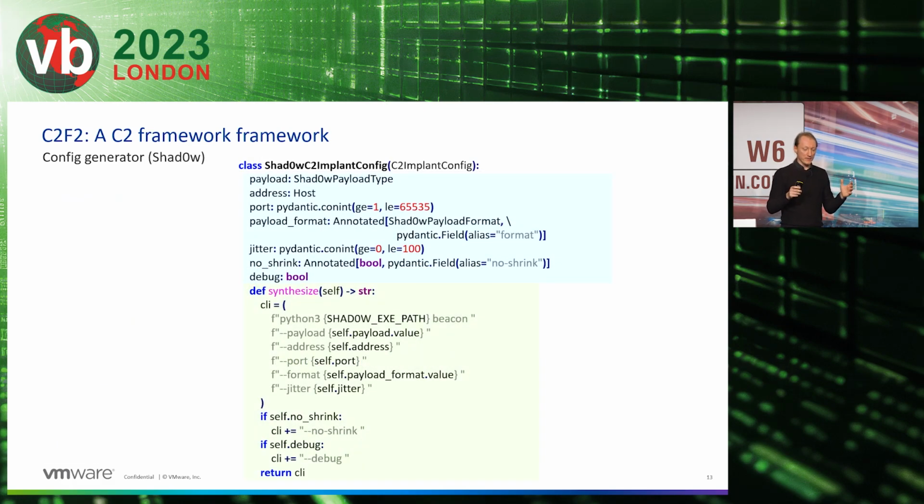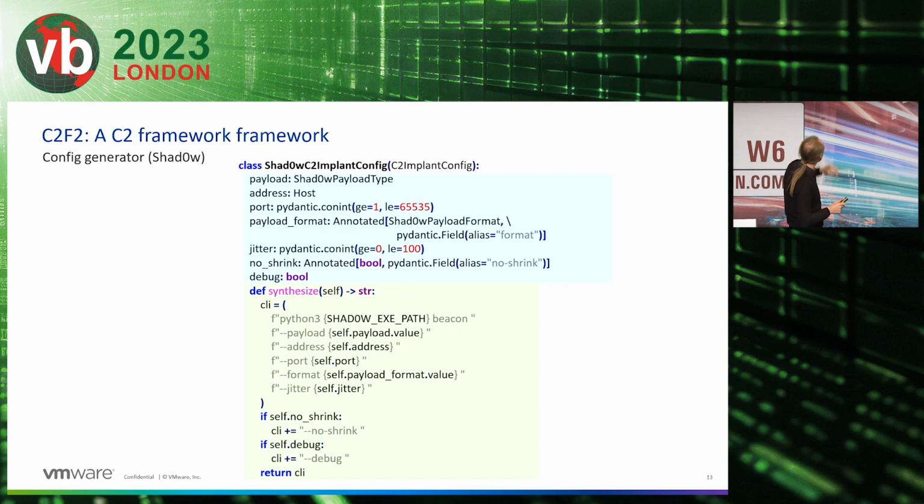So what's behind the config generation process, and what's also behind every worker? We have 10 classes, 1 per C2 framework, that is, each one is holding configuration parameters of that specific framework. So the code highlighted in blue, do you see the blue one? It's really hard to see.